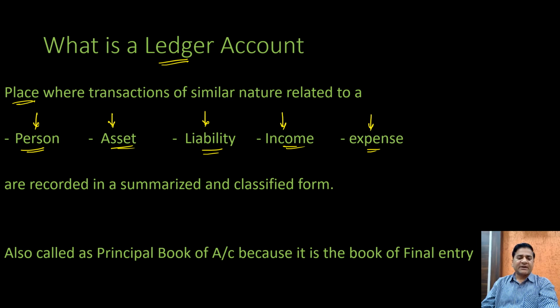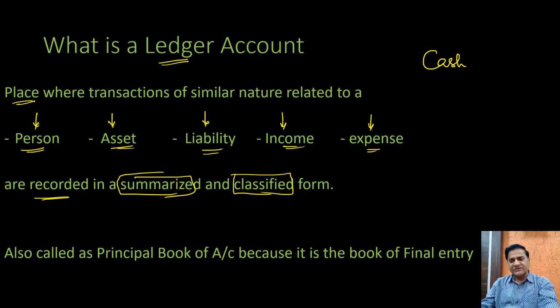And ledger is a place where all the accounts or the transactions related to these accounts are recorded in a summarized and classified form. What does this mean? It means if I'm talking about a cash account or a cash ledger, I would be recording only the transactions related to cash. There won't be any credit transactions which would be recorded or posted here.